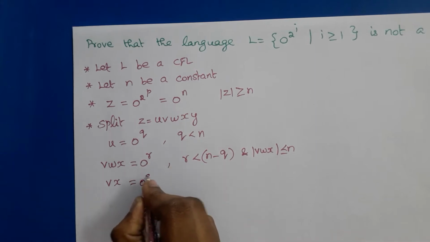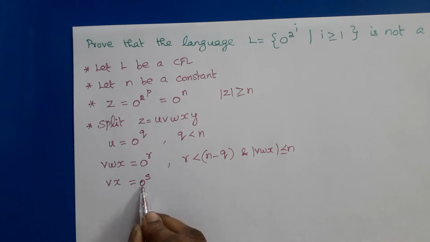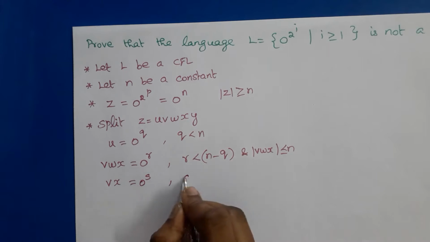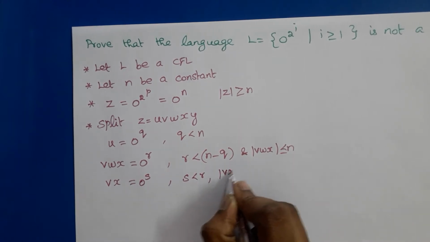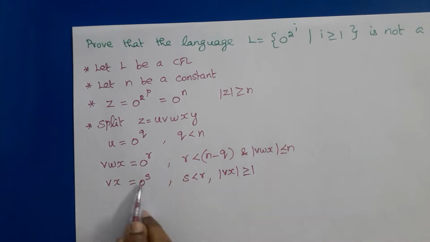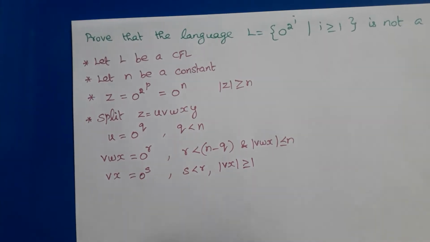Assume that 0 to the power S is assigned to VX, so definitely S is less than R, and the length of VX is greater than or equal to 1. At least one 0 is assigned to VX.